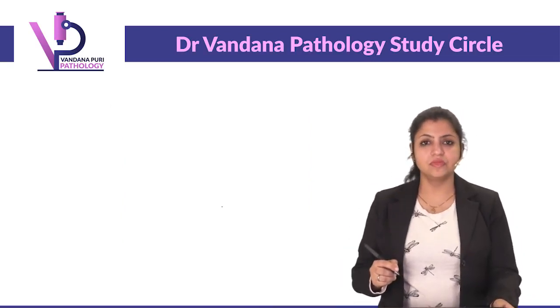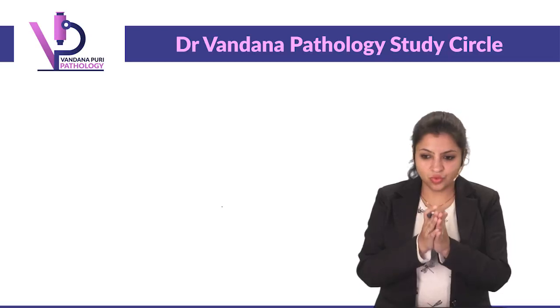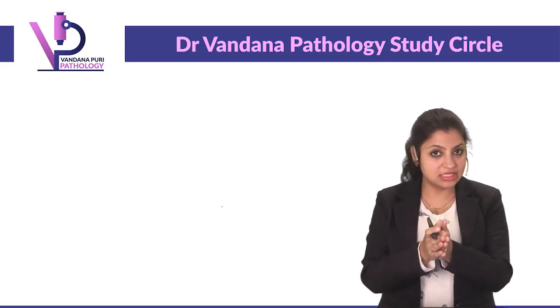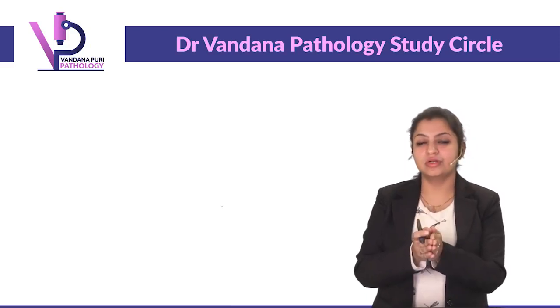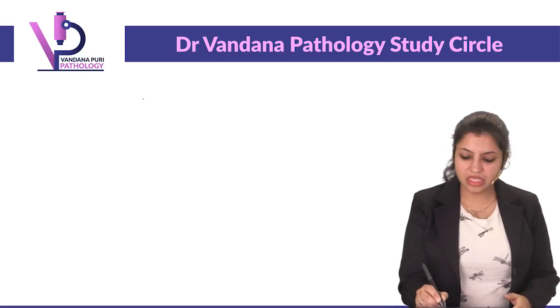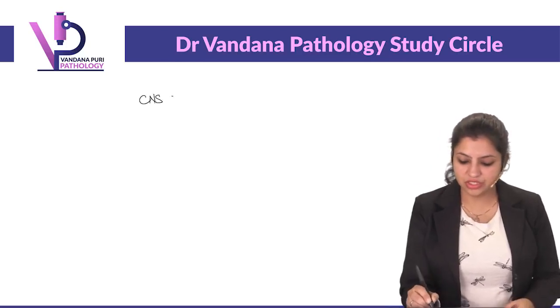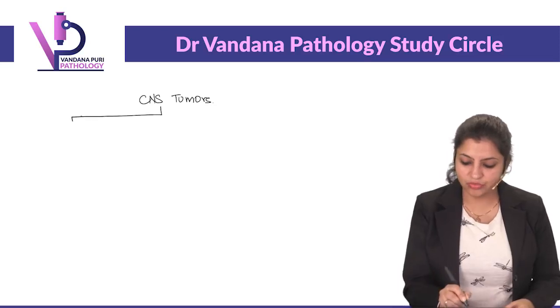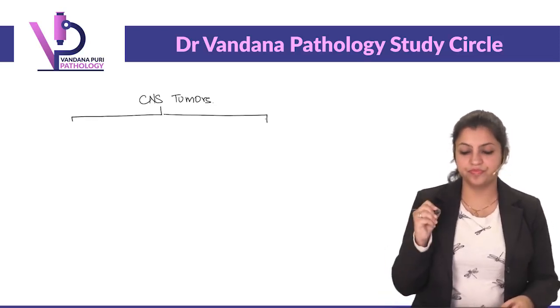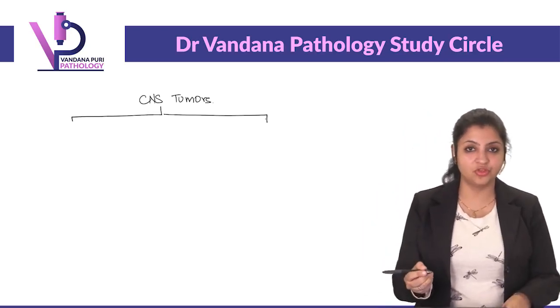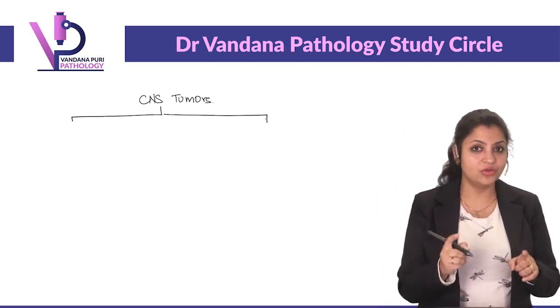So are we clear with the basic configuration of the CNS cells and the tumors of the CNS which can arise? If I make a basic configuration of CNS tumors now, before that, what did you learn?